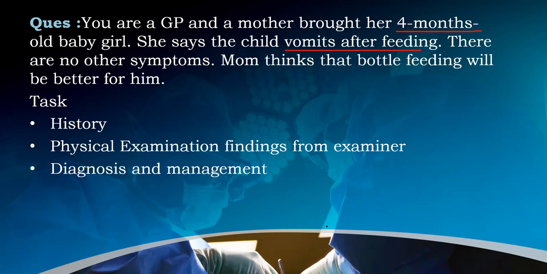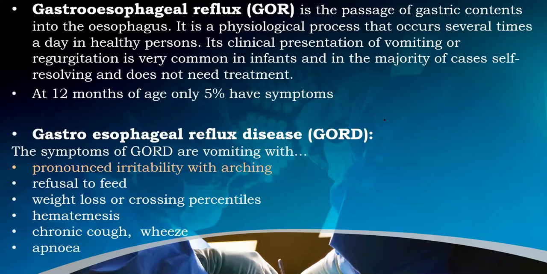In physical examination, you will get nothing. Everything will be fine. But it's very important not to miss vitals and the growth chart in this case, because that will give you the idea whether it's gastroesophageal reflux or pyloric stenosis. In the physical examination from the examiner, nothing much for us.